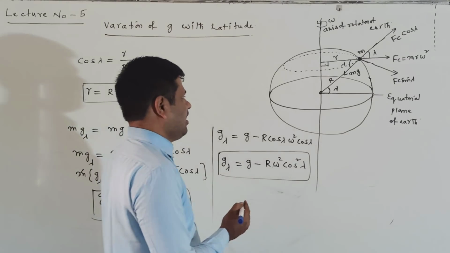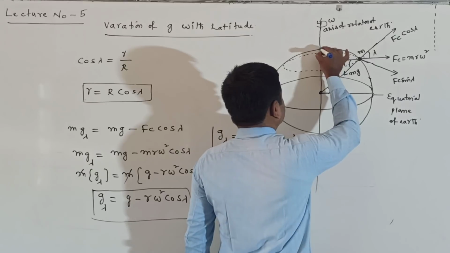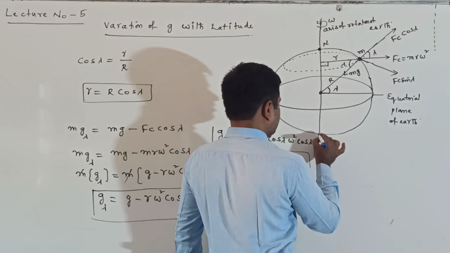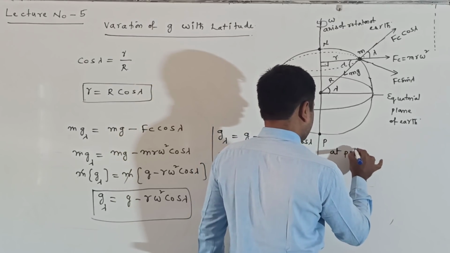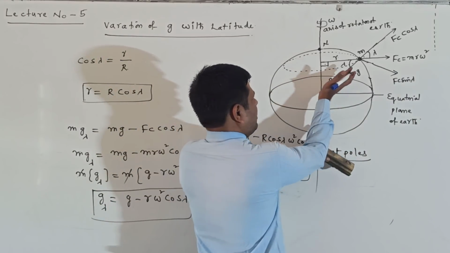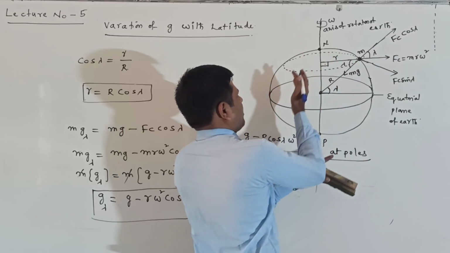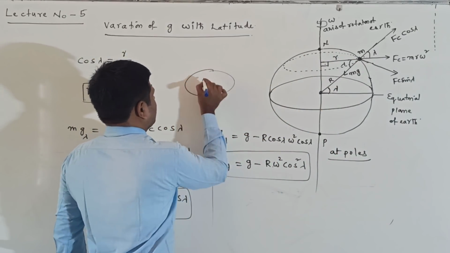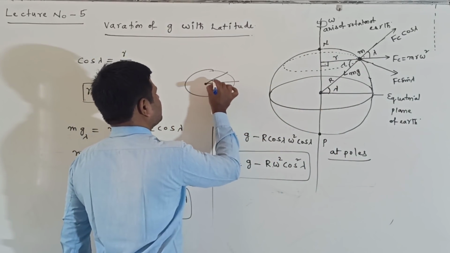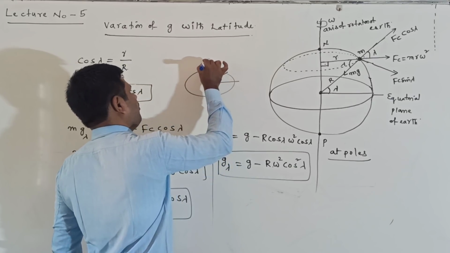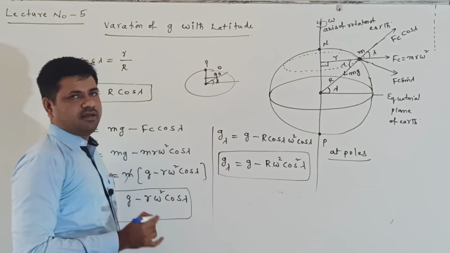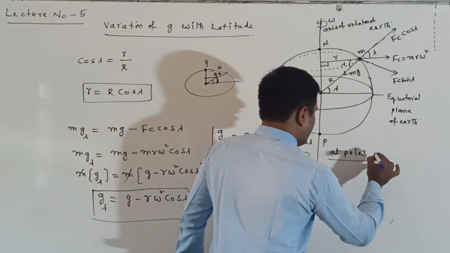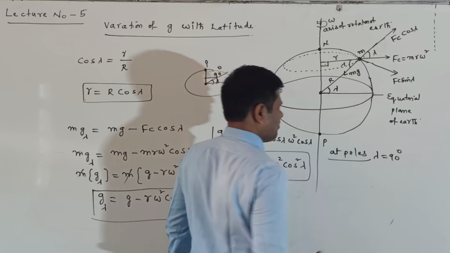Now discussing at the poles. This is the north pole, this is the south pole. Suppose the body is placed at the poles, and lambda is the angle. When the body is placed at the poles, lambda becomes 90 degrees.